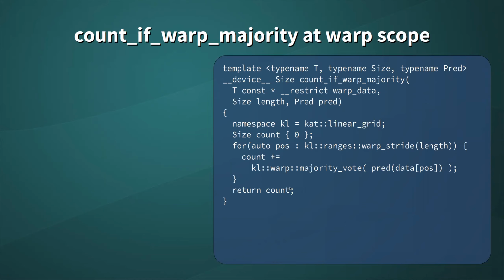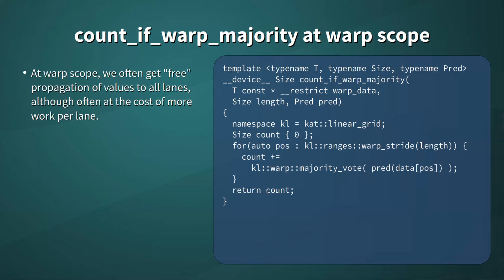Now, I'm actually assuming that the size of the data is a full number of warps, not because that's a valid thing to assume, but only because we're writing slideware, and I don't want to go off the end of the slide. So we're making that assumption here.